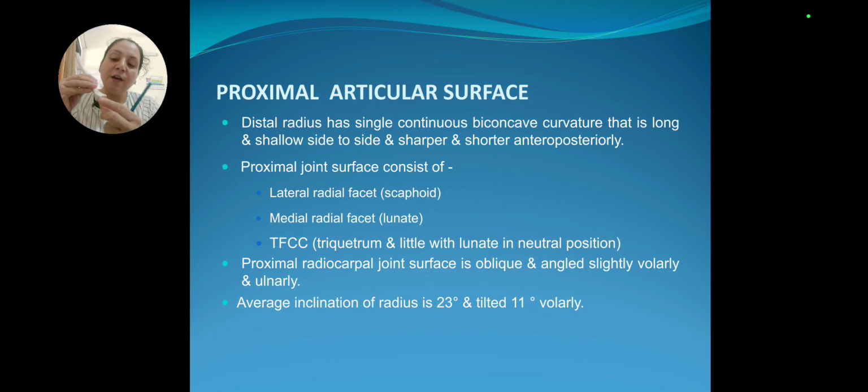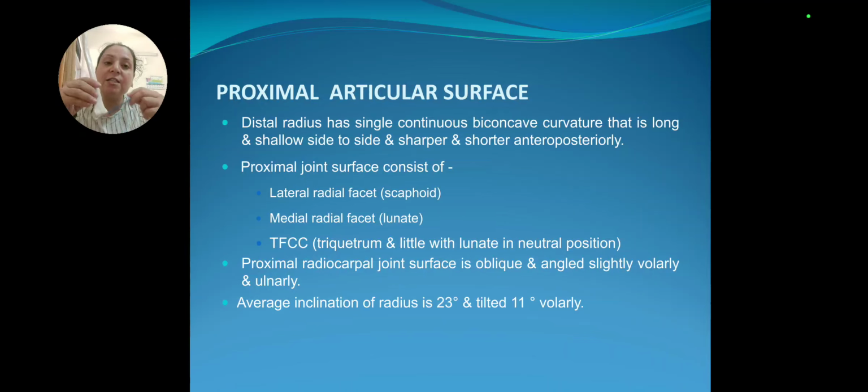This area also attaches with an articular disc, because it also takes part as the distal radio-ulnar joint. It is also a part of the distal radio-ulnar joint, and the articular disc continues as the triangular fibrocartilaginous complex.